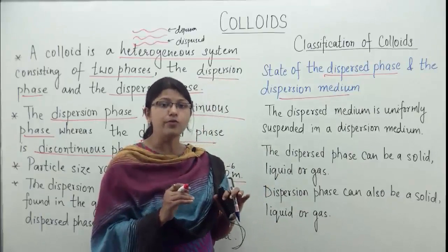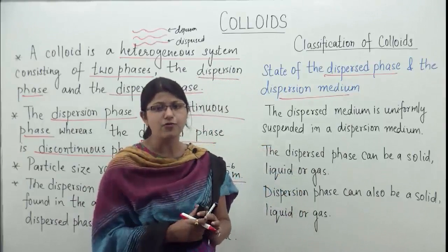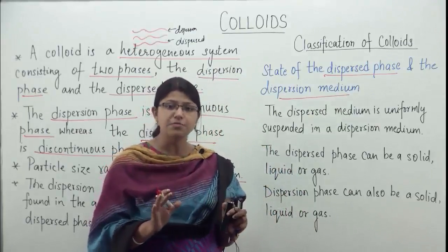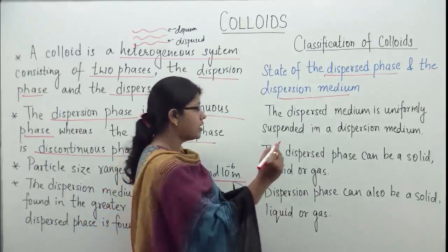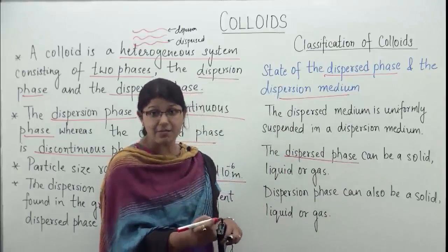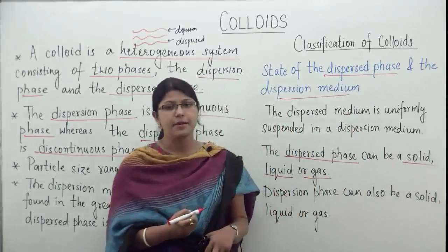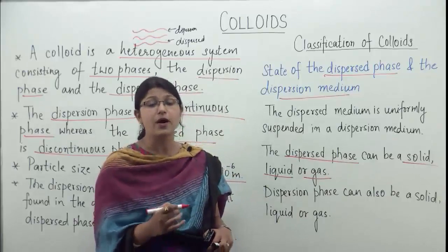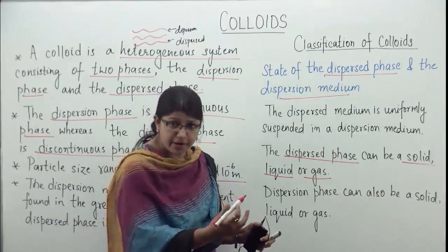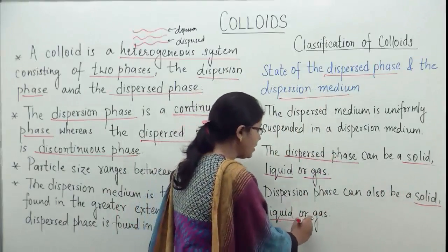The dispersed phase is the constituent present in the lesser amount, and the dispersion medium is the one in higher quantity, the continuous one.